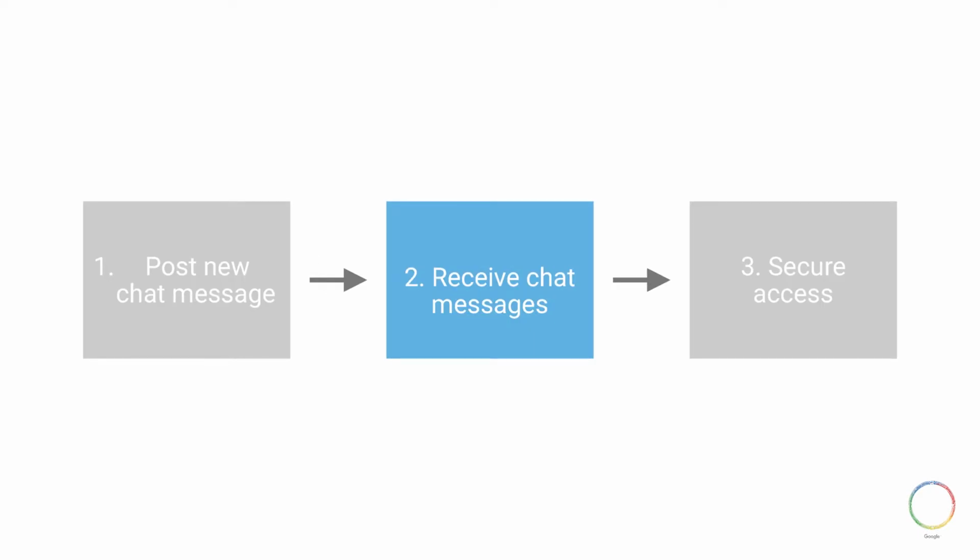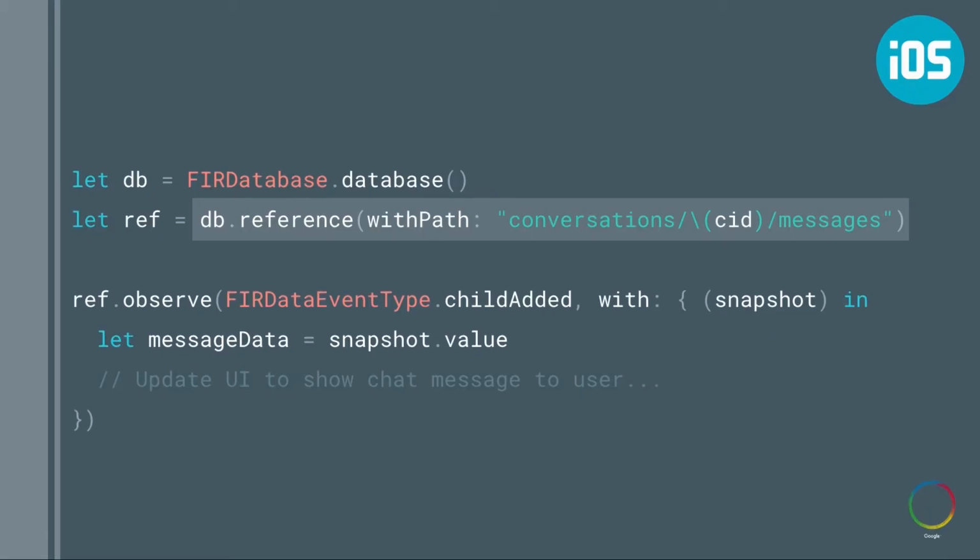And now let's take a look at the second step, receiving chat messages from the cloud in real time. Here's how we implement it. Again, we'll have to specify where our chat messages are stored in the database.